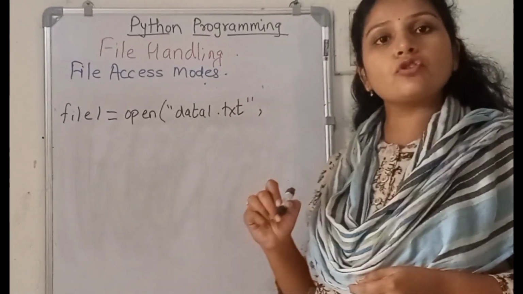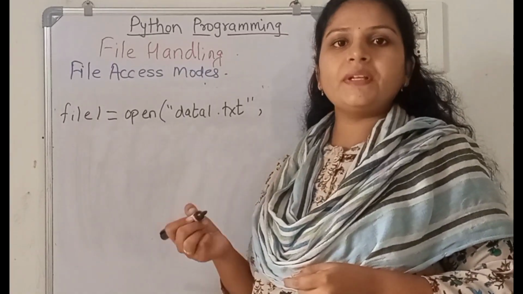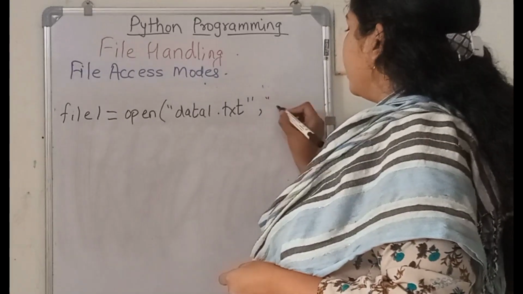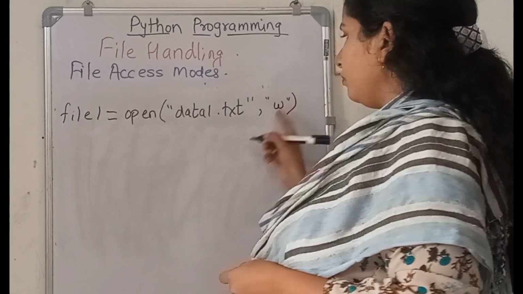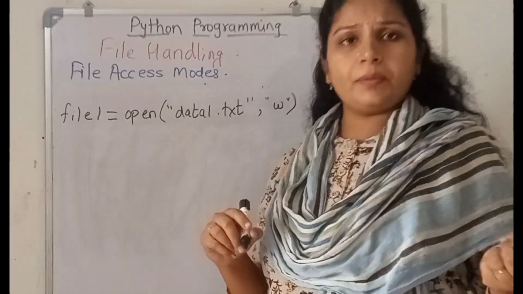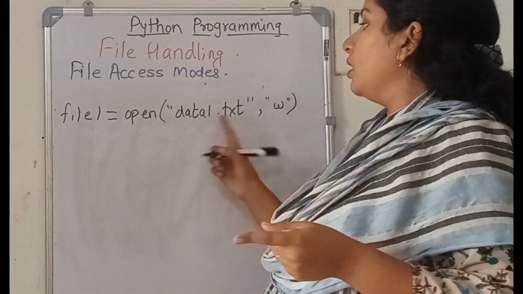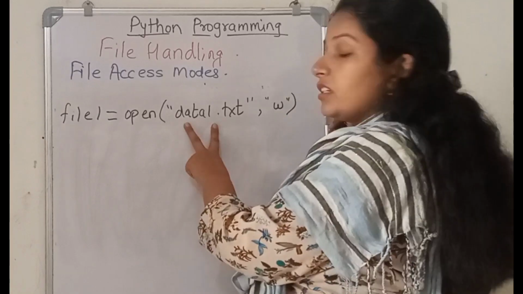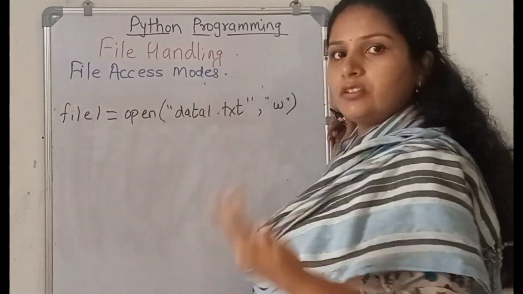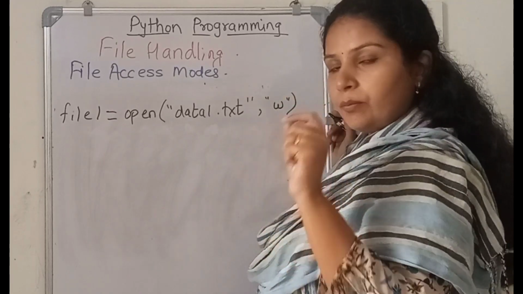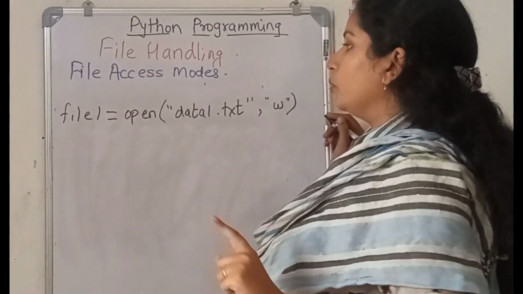Now suppose I want to open the file and write content to the file. So I am going with W mode. That means I am opening the file to write to the file, and if the file does not exist on your computer, it will automatically create data1.txt in that same folder with the W mode.